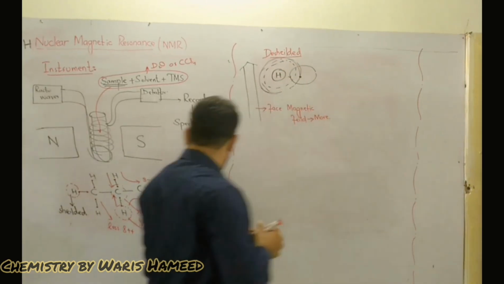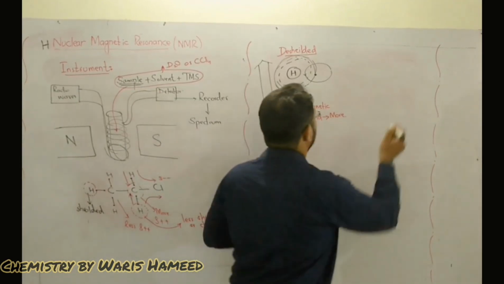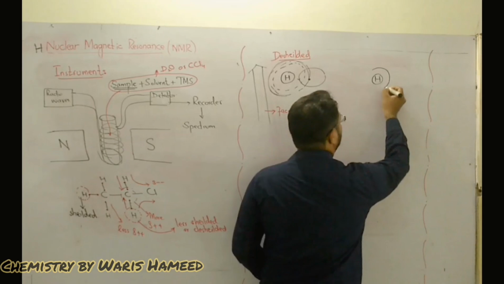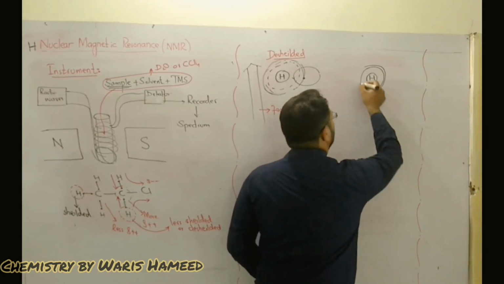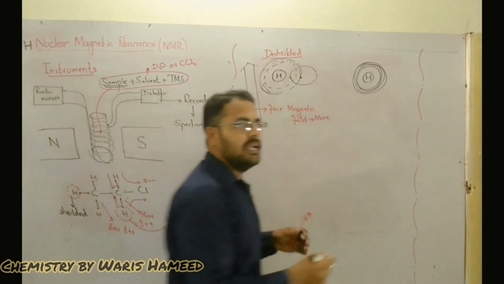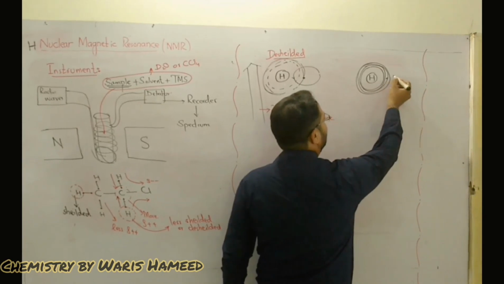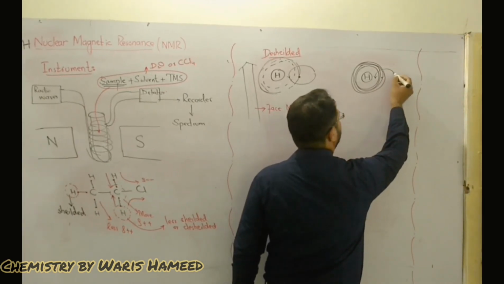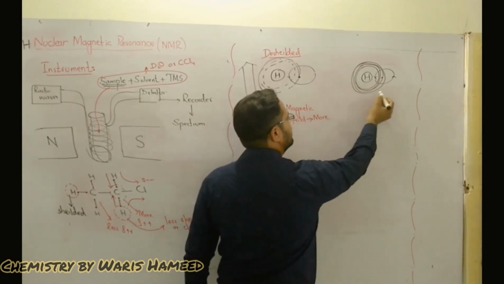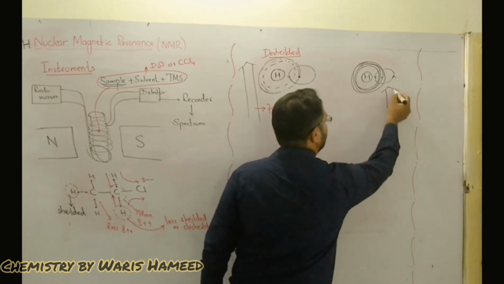And another nucleus which is shielded, what will happen toward this? It's a hydrogen and electronic density is in greater amount. It means that electrons are near toward the nucleus and it has a field like this, and here is the external field.